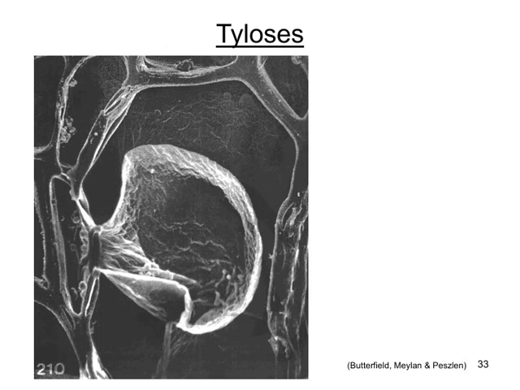Now, let's turn our attention to tyloses, a fascinating feature in wood anatomy. As highlighted by Butterfield, Meylan, and Peslin, tyloses are outgrowths that develop from parenchyma cells into the vessel lumens. Essentially, they act as natural blockages within the vessels. These structures play a crucial role in the tree's defense mechanism, helping to compartmentalize and prevent the spread of decay or pests.